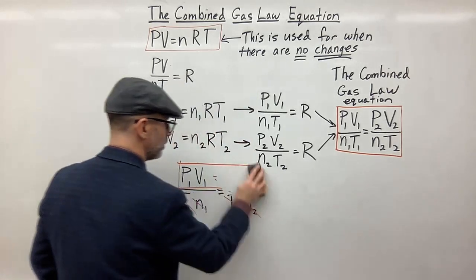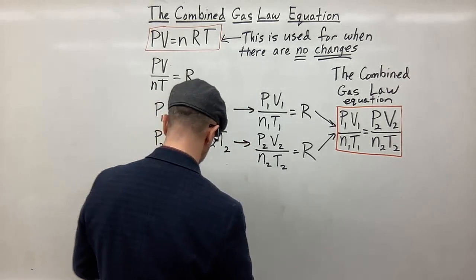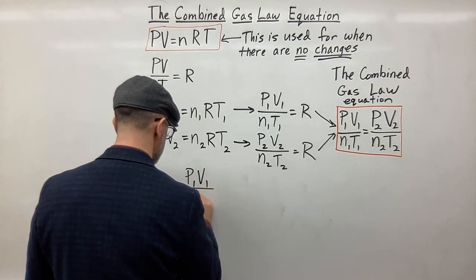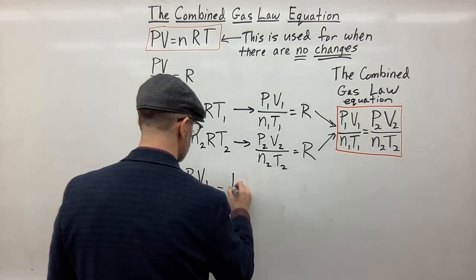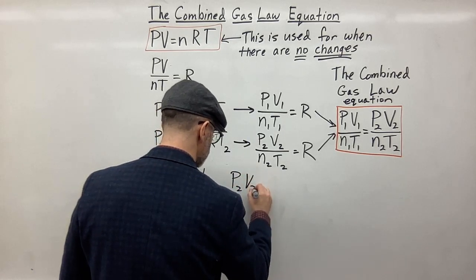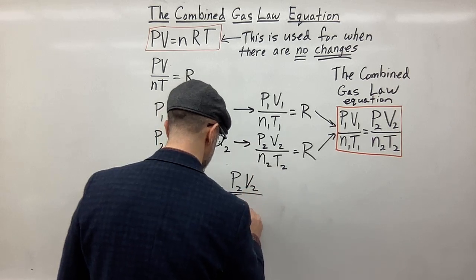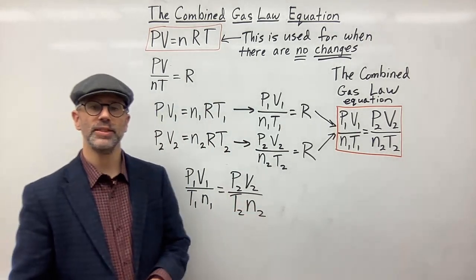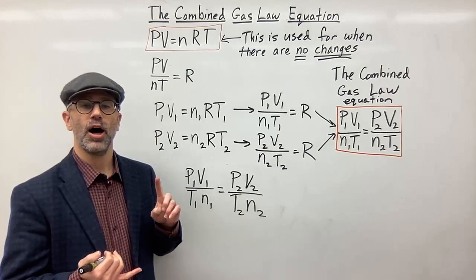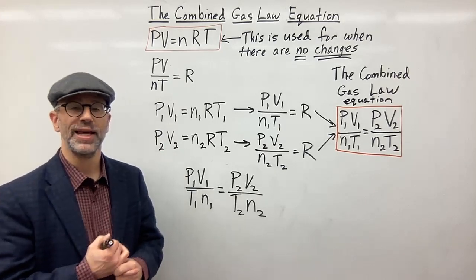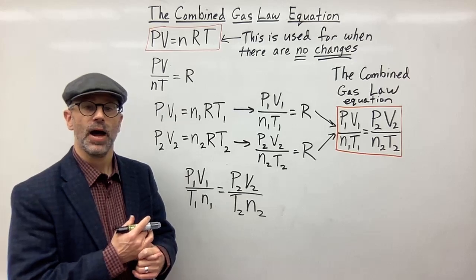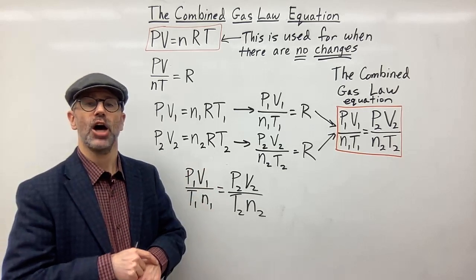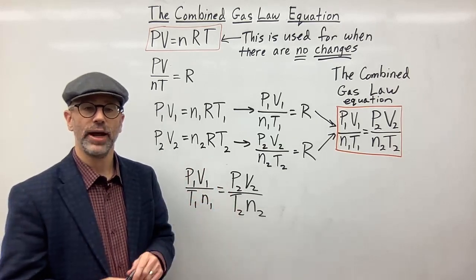What about, let me go back. So if I have P1 V1 over T1 N1 is equal to P2 V2 over T2 N2. Now, what if I have a problem that says your volume changes and your temperature changes, but your pressure stays the same, it's constant, and you're told that the amount of gas is constant, right?